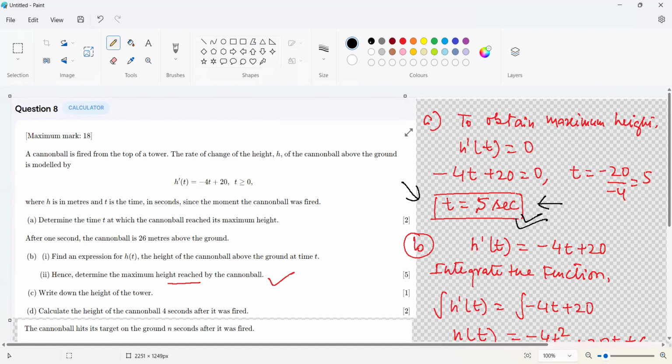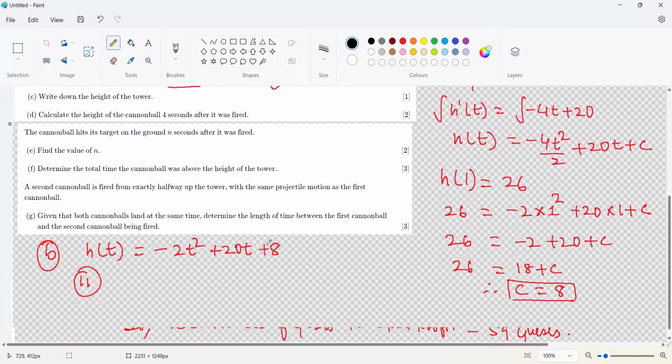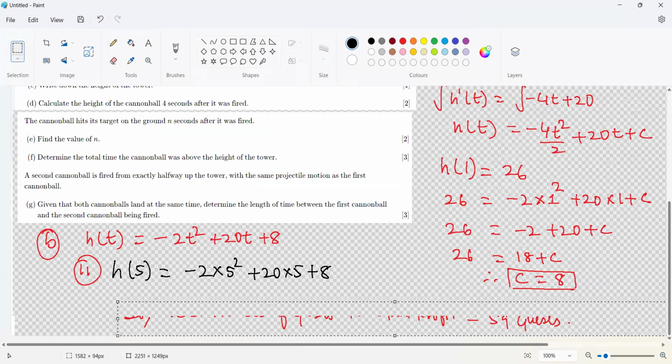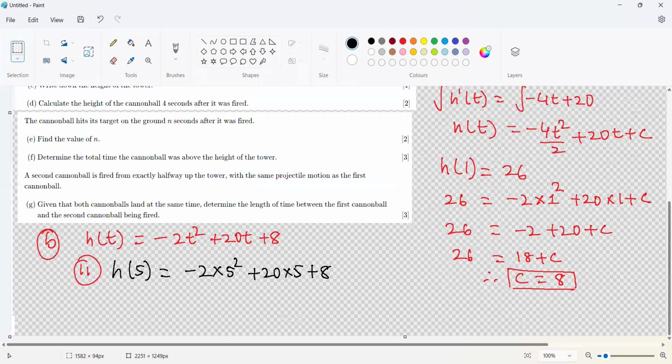So what am I going to do? I'll substitute t is equal to 5 here. h(5) is negative 2 times 5 square plus 20 times 5 plus 8. What am I getting here? 58.